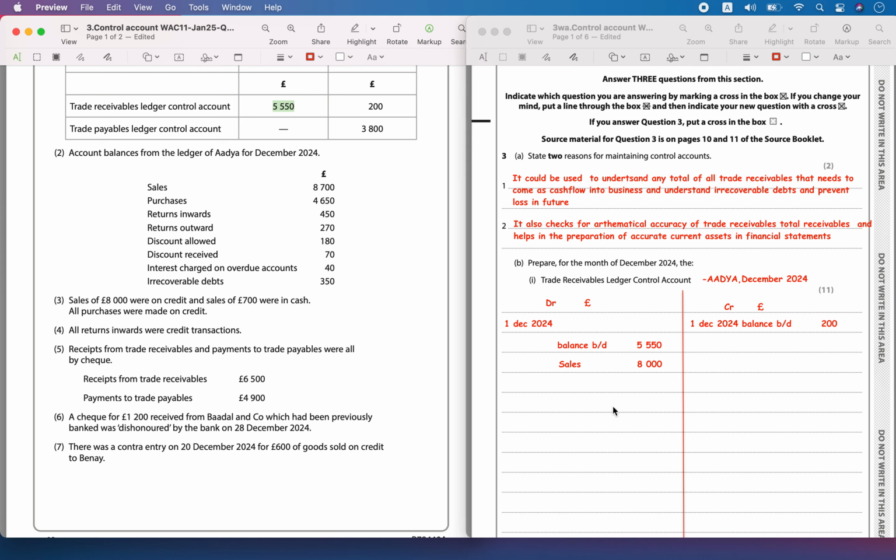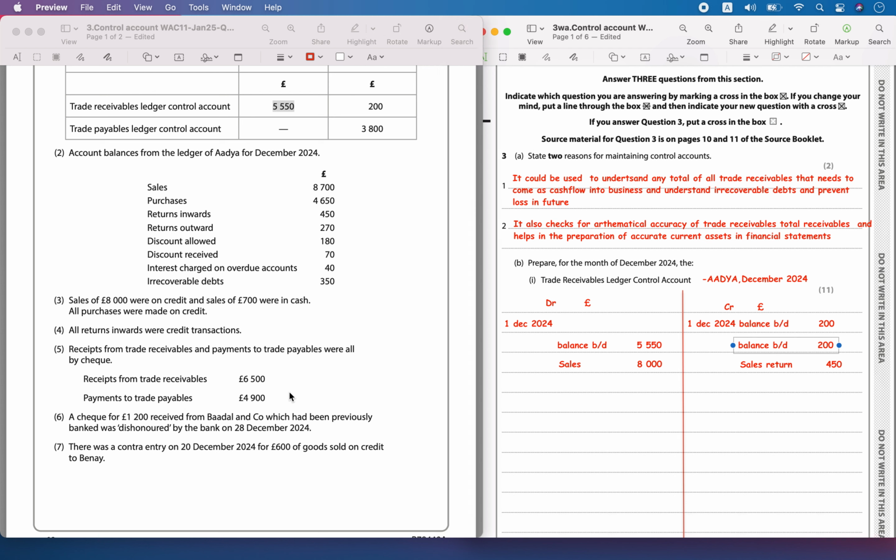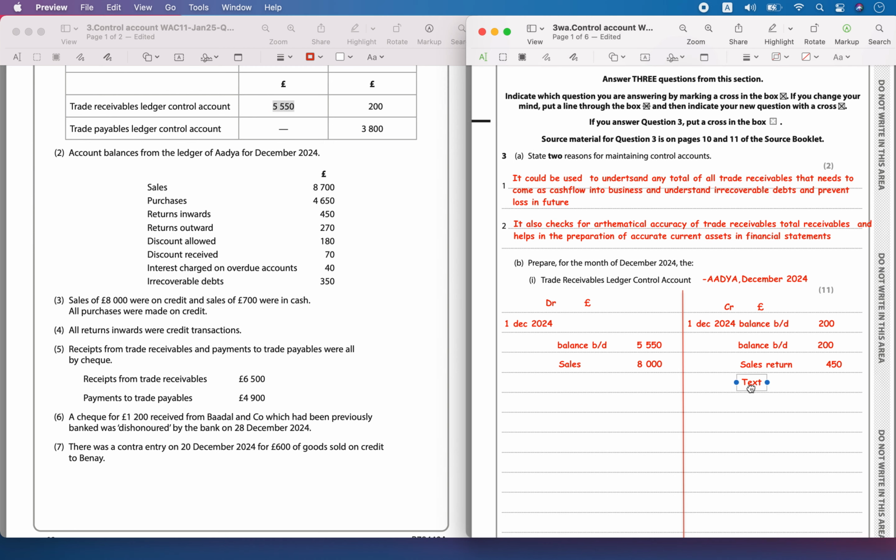Let's see further, is there any sales return? So this is return inwards. There was a sales return of 450, so let's write that. Then how much was paid back to her business through the bank? That was around 6,500. Let's write that.